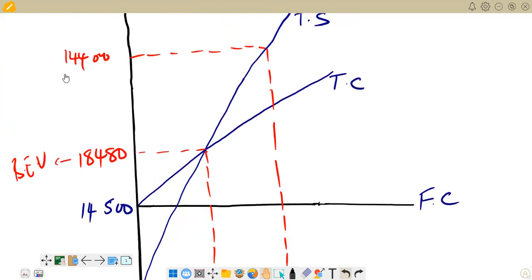So basically 144,000 is now our sales value. This represents our total cost curve, this is our fixed cost curve, and this is our total sales curve.